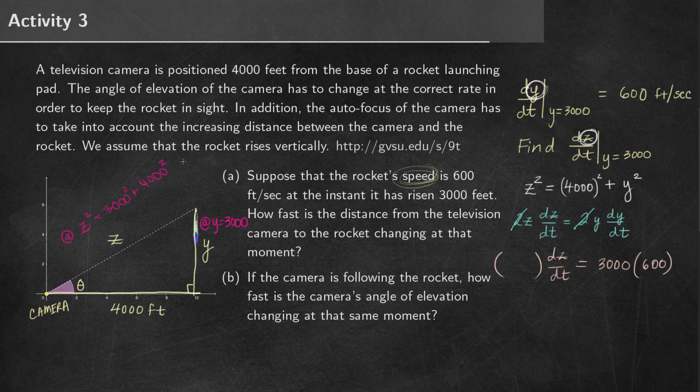So z is going to be the square root of 3,000 squared plus 4,000 squared. Let's find that on our calculator. We get z equals 5,000. So at this moment in time, y is 3,000 and z is 5,000.